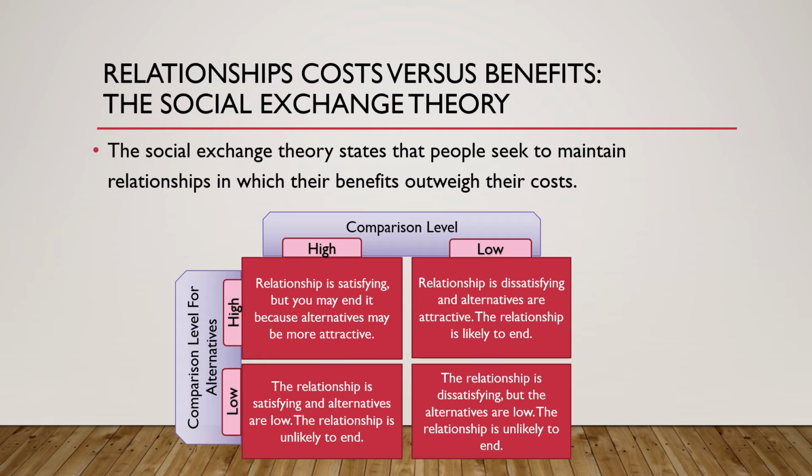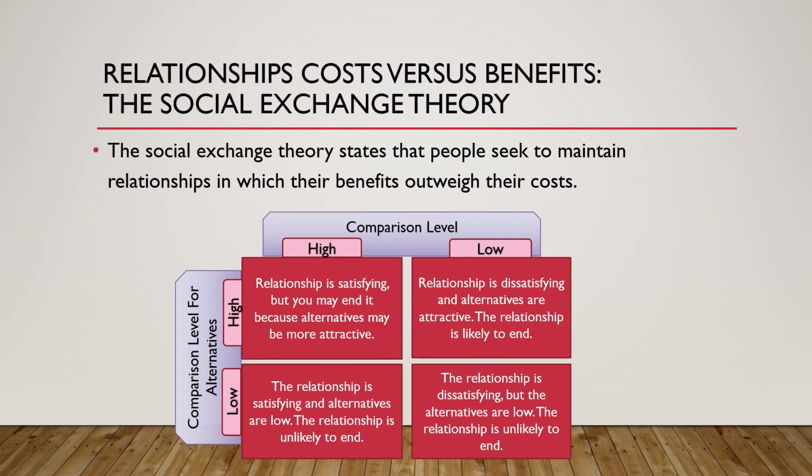And the social exchange theory really functions based on two dimensions. The first is essentially our satisfaction in the relationship, and we call this the comparison level. So this comparison level determines satisfaction based on what is our realistic expectation of what we want and what we think we deserve from this relationship type.